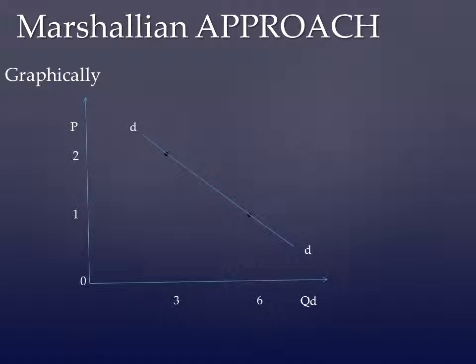On the x-axis there is the quantity demanded, while on the y-axis there are the prices. As the price of the good decreases, the quantity demanded increases from 3 to 6, and so our curve has a downward slope. This shows that the demand curve is negatively sloped and shows the relationship between demand and prices.